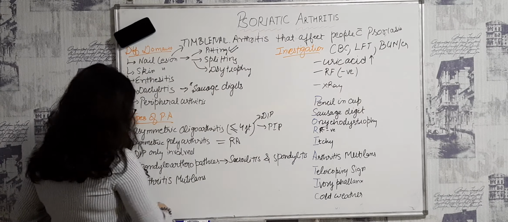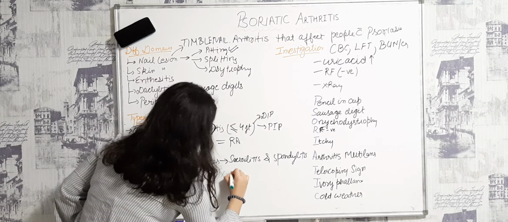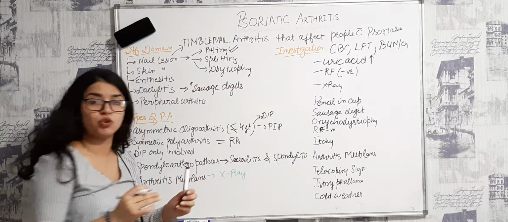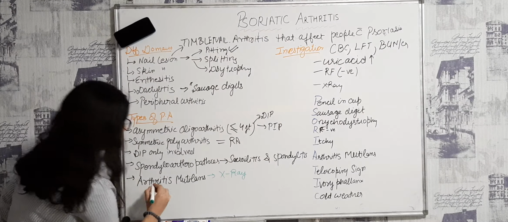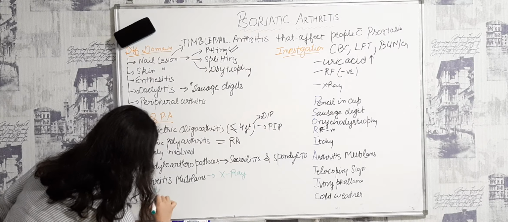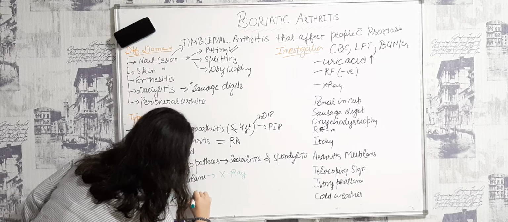So in arthritis mutilans, what you will see is on the X-ray of the patient. First I will tell you what arthritis mutilans is. Arthritis mutilans is just the deforming or destructive type.